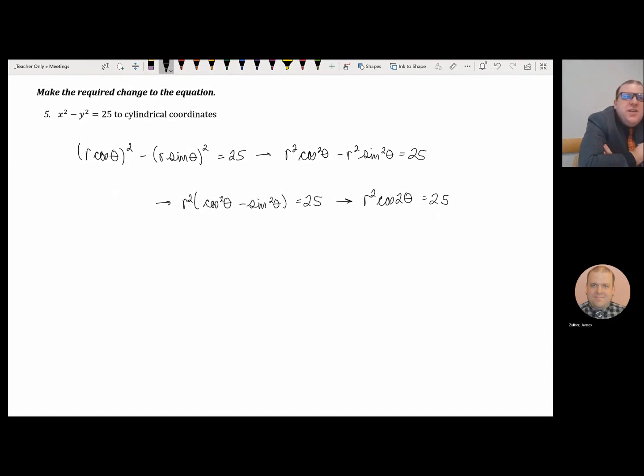It's r squared cosine of 2 theta equal to 25. This would be fine. You can leave it like that.